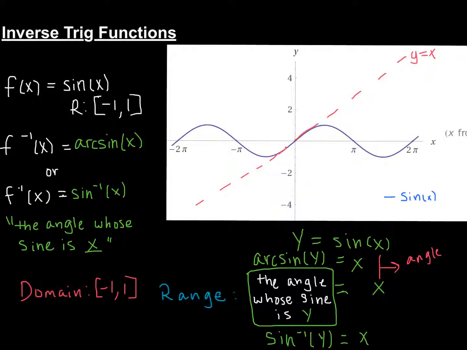And to do this, we're going to use our domain. So what we're going to do is think about, okay, if we go from -1 out to +1, and we restrict ourselves to only the first angle whose sine is that value, what will the curve look like? Okay, and so if I can try here, this is about +1 and about -1.